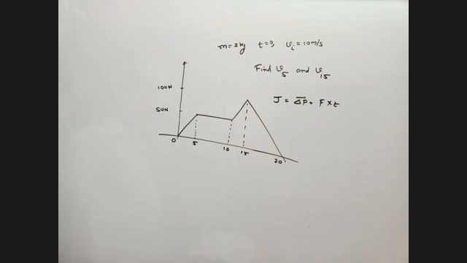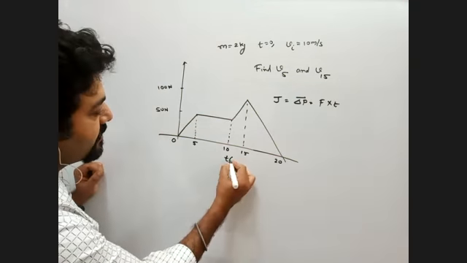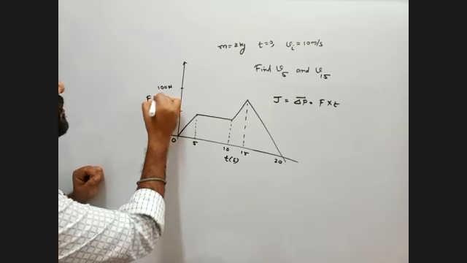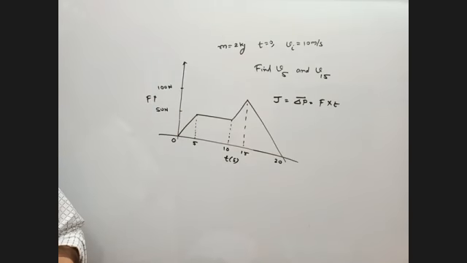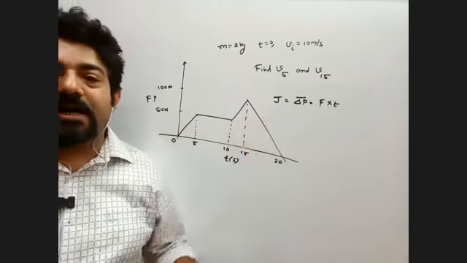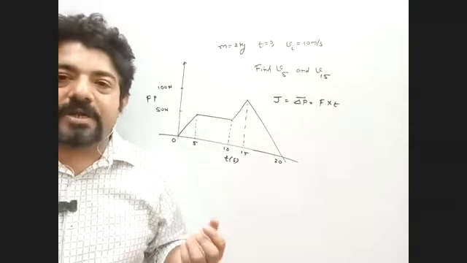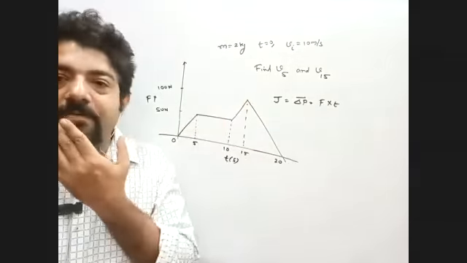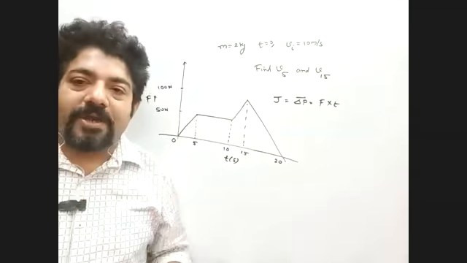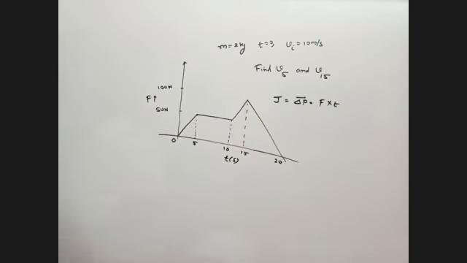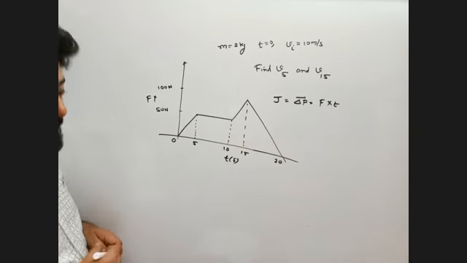So here it is clearly visible: by multiplying two physical quantities, force into time. This is time in second, and this is the force. By multiplying two physical quantities, you are getting your desired value, that means velocity at 5 seconds and velocity at 10 seconds. So basically we have to multiply. This means we have to find out the area.